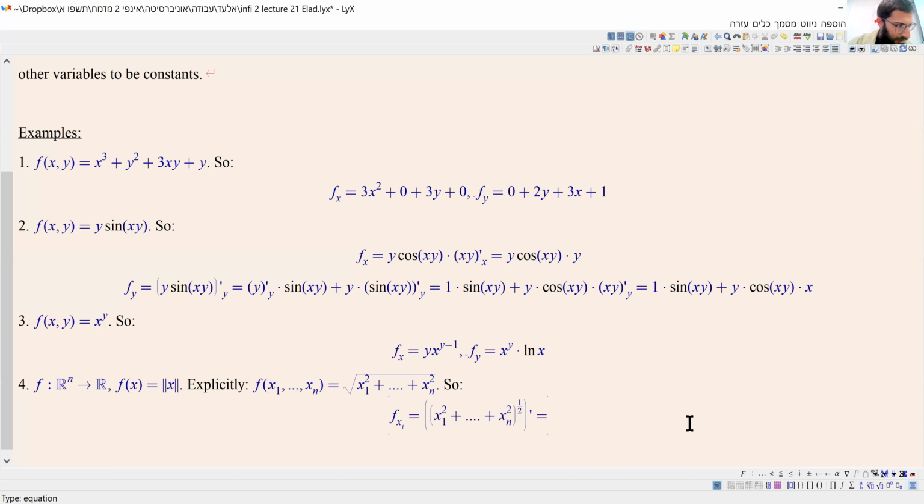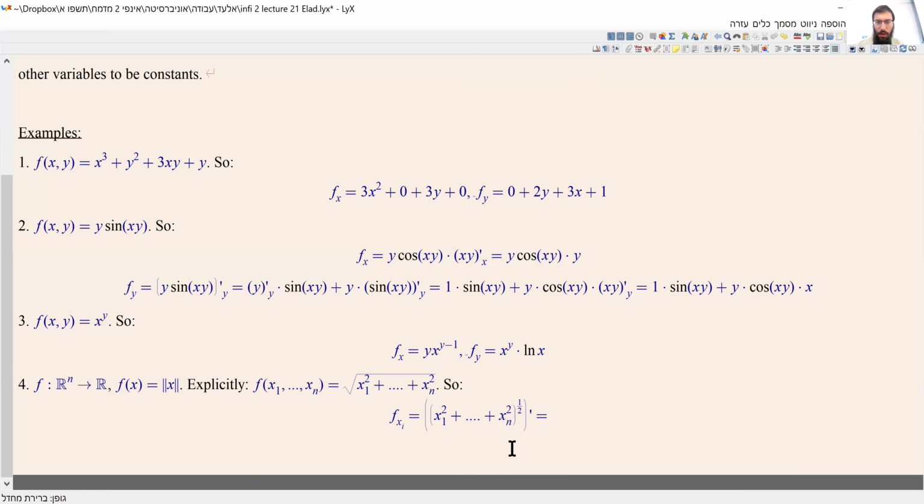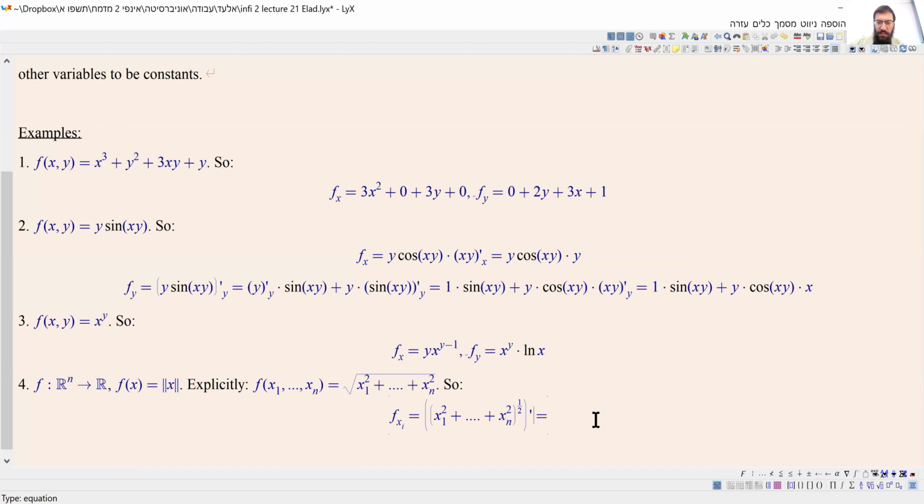And I never differentiate nor integrate roots as they are. I write them down with some fraction as the power, and then it's easier to calculate the derivative. Now my derivative by xi.